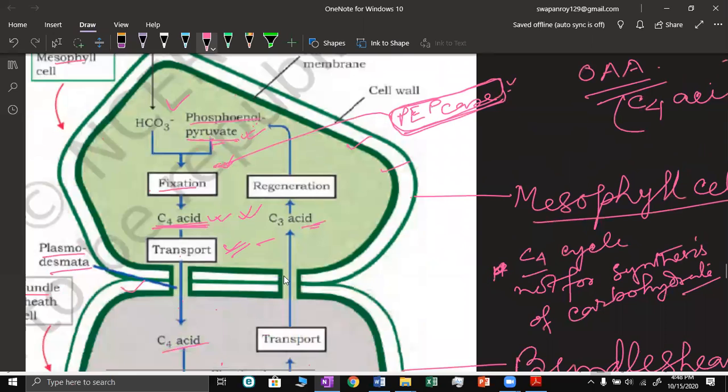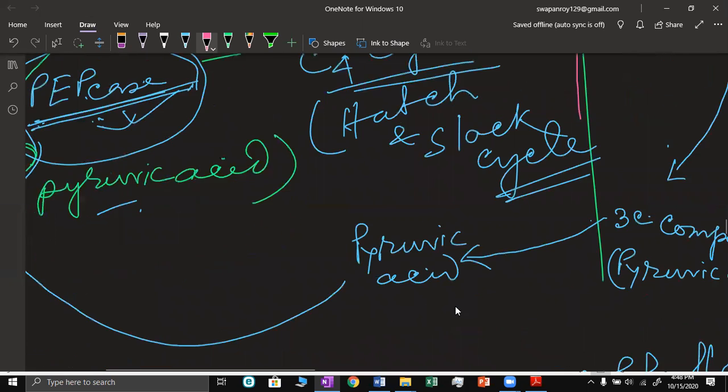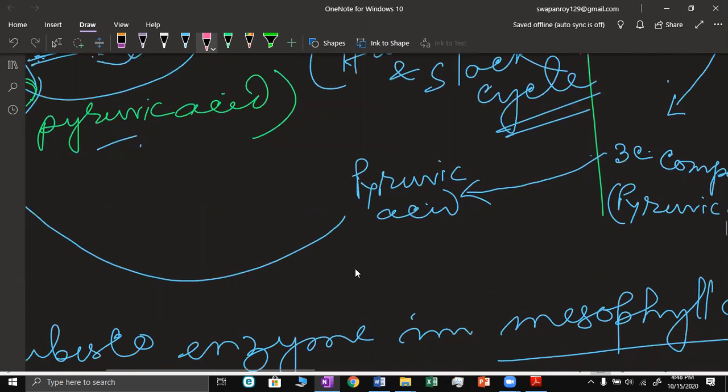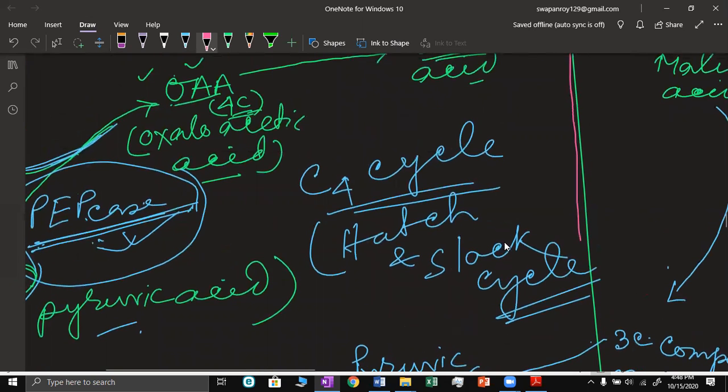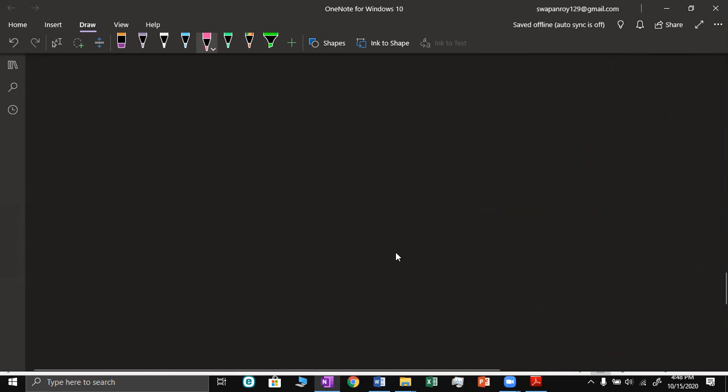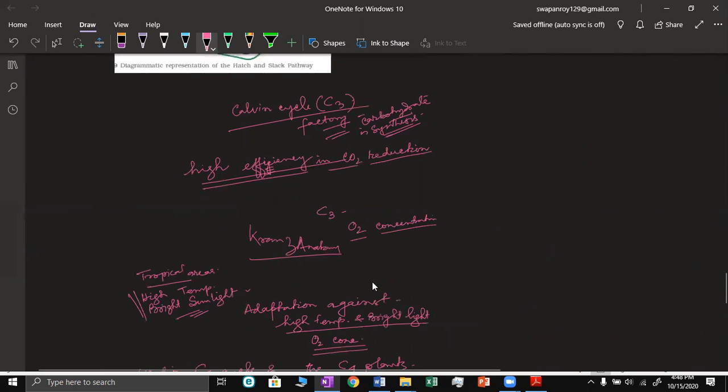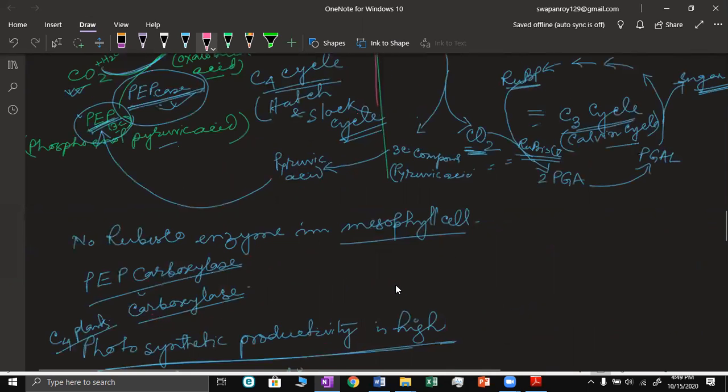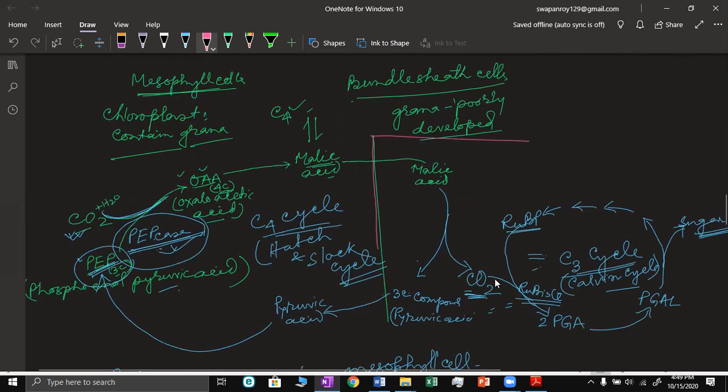I think here it is in a very simplified way. The actual one is not what I have shown here. Okay, one thing here that I told: after releasing the carbon dioxide in the bundle sheath cell, this C3 compound is pyruvic acid.